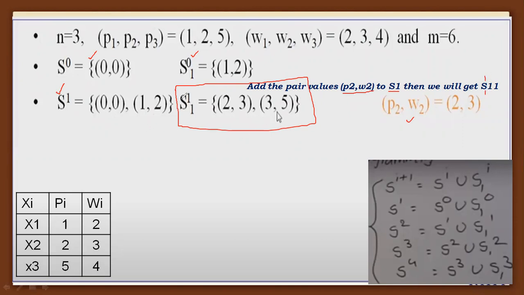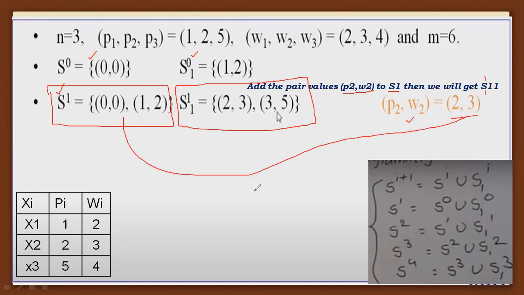Now if you want to compute S^1_1 value, simply you can take the pair 2 comma 3 and add it with the pairs of S^1. So add these two pairs, you simply apply addition. Add the pair 2 comma 3 with 0, 0.